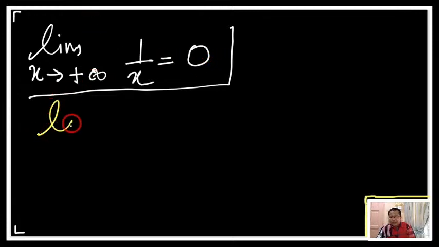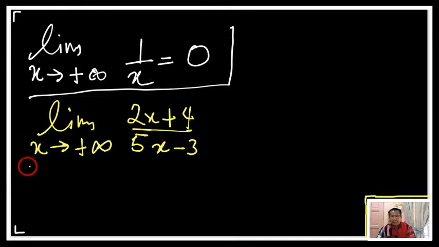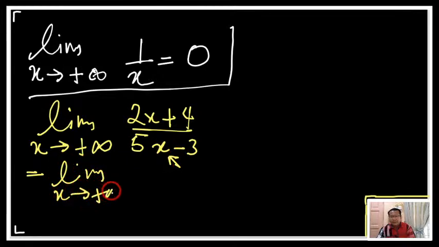So for example, you have x approaches positive infinity, 2x plus 4 over 5x minus 3. So this one, the highest power is x. So this one you divide by x, the highest power from the denominator.